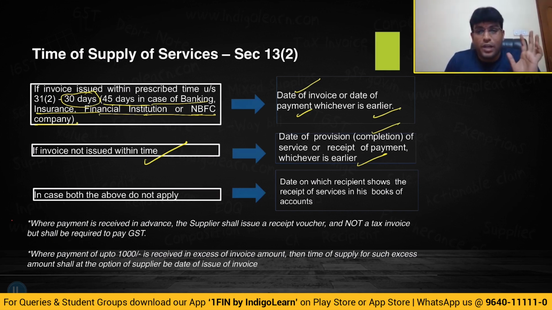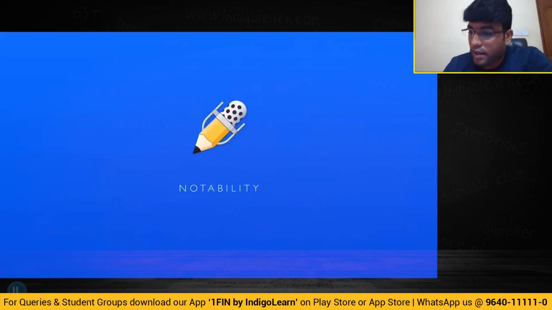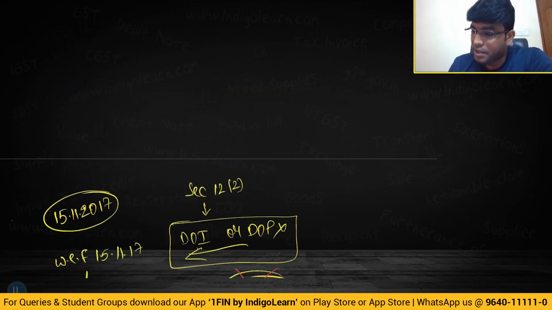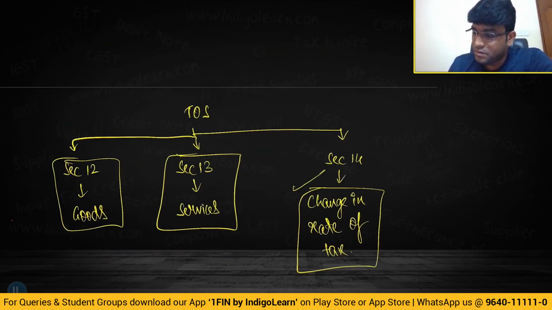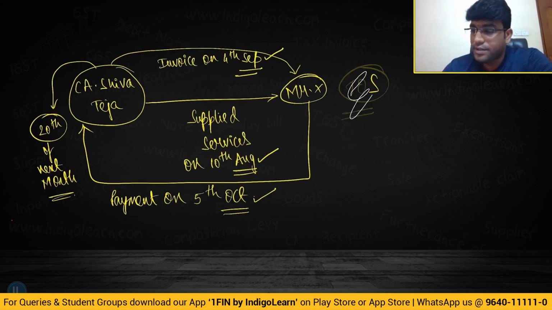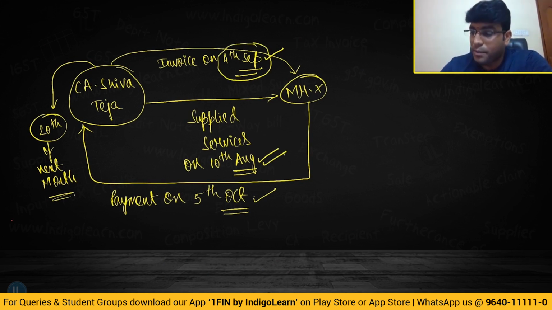So if invoice is issued within time, what is the answer? Date of invoice, date of payment, whichever is earlier. And if invoice is not issued within time, date of completion of service, date of payment, whichever is earlier. So to clarify further, sir, in Shiva Teja's example, see this guys, come on. When did I give service? I gave service on 10th August. Invoice I gave on 4th September.